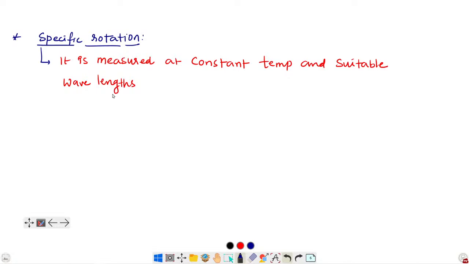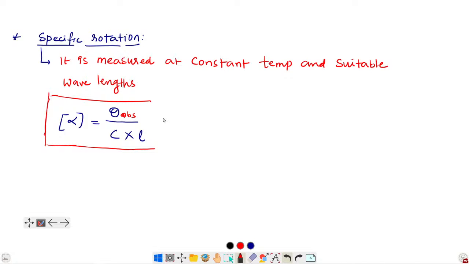This is called theta observed. It is called theta.